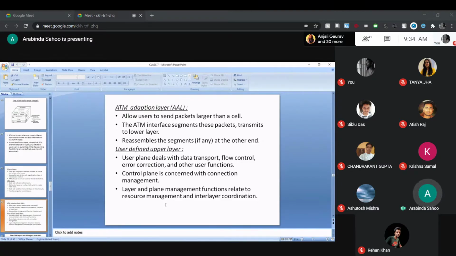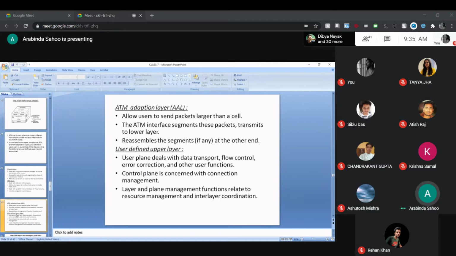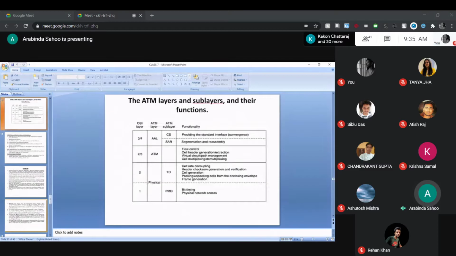These are the different functions associated with the four layers in the ATM reference model: the physical layer, then the ATM layer, the ATM adaptation layer, and the upper layer. They have different functionality: control plane, user plane, layer management and plane management. Again you can check this diagram.